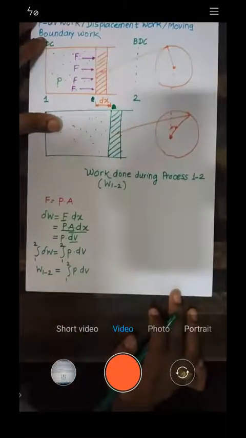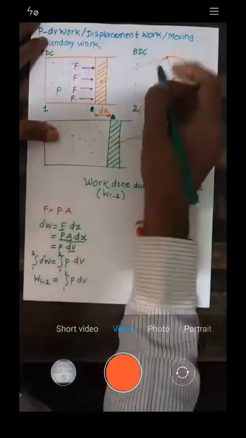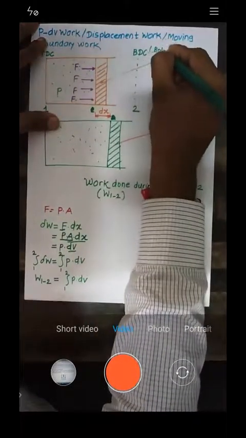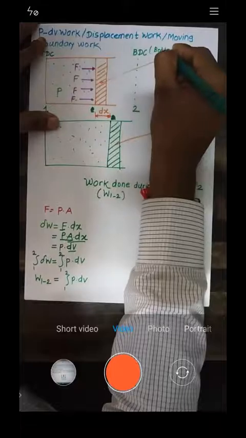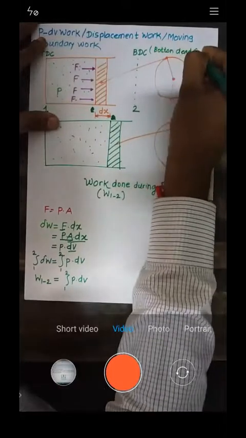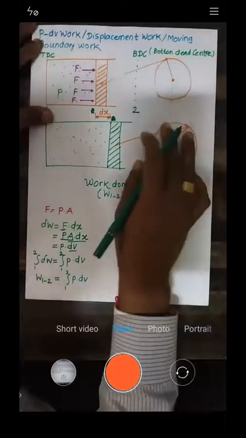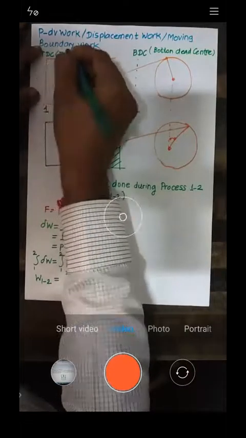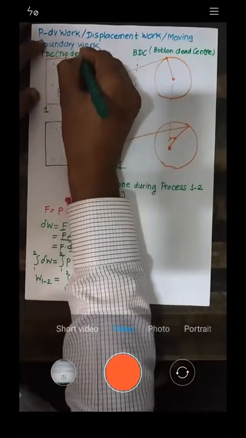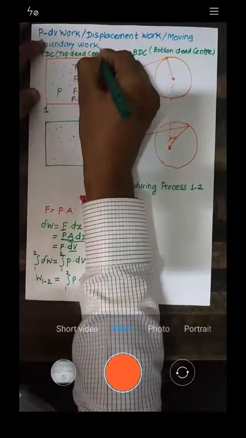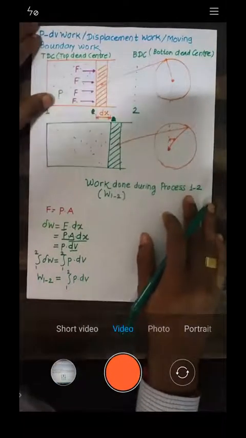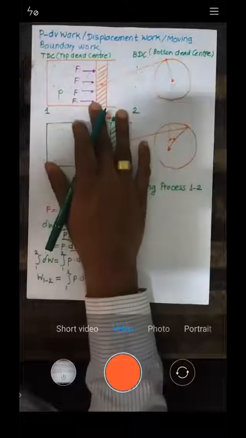So what is BDC again? BDC is called bottom dead center, that is the reason I have called it so. TDC is top dead center. I will take this in detail in the chapter gas power cycle, that is the fifth chapter.